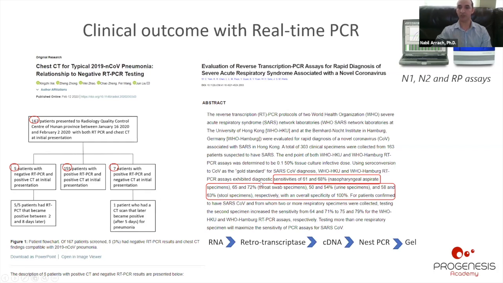So it shows, according to this, approximately a sensitivity of 68% in nasopharyngeal and 72% in throat swab specimen.